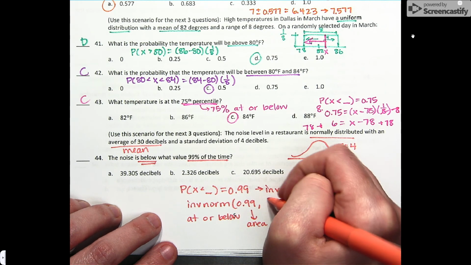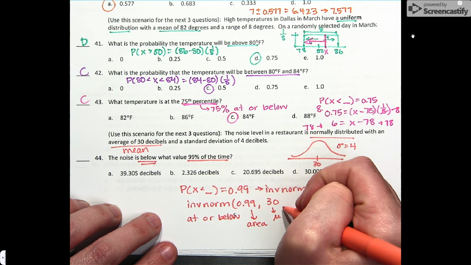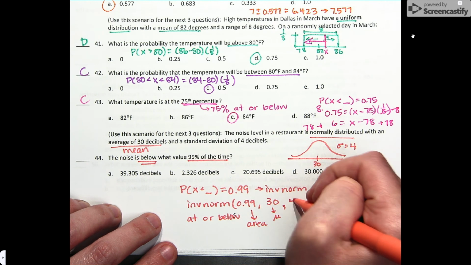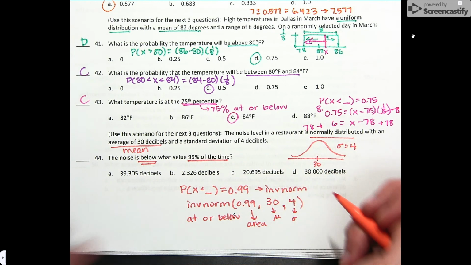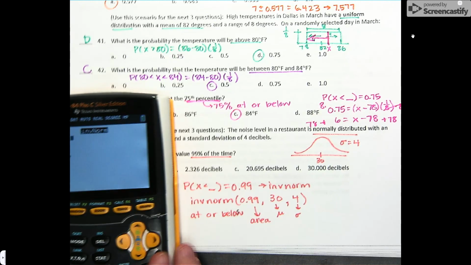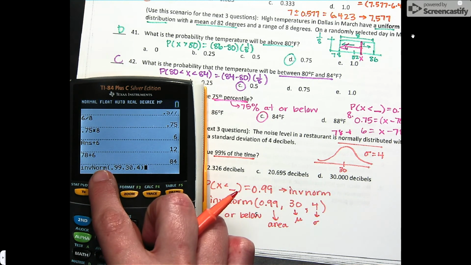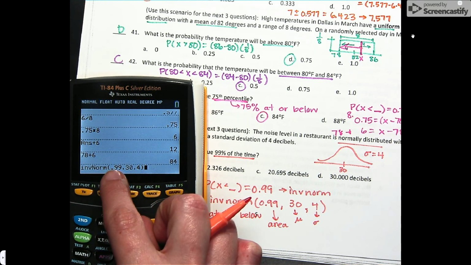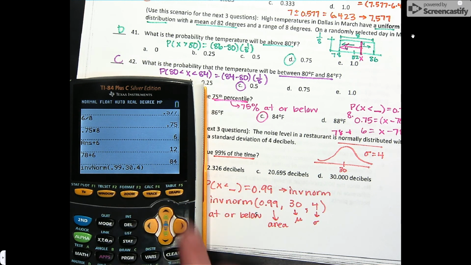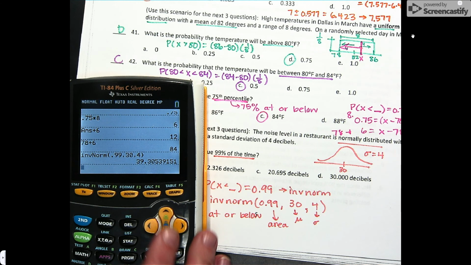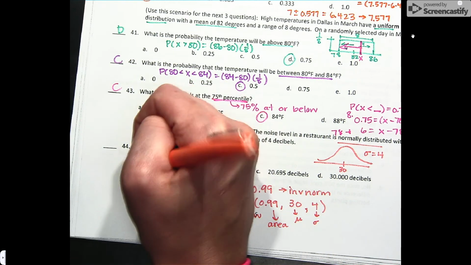The mean is 30, and the standard deviation is 4. So typing that in, it's just going to be 0.99, but you may have to type it in with commas. So inverse norm, 0.99, comma 30, comma 4. And that's how I get 39.305, which is letter A.